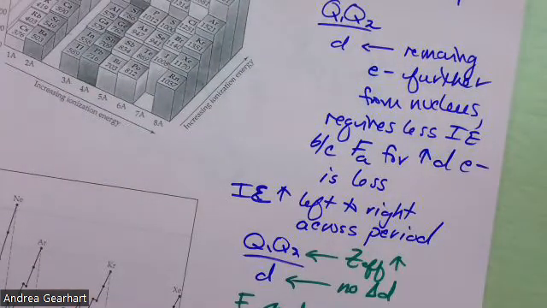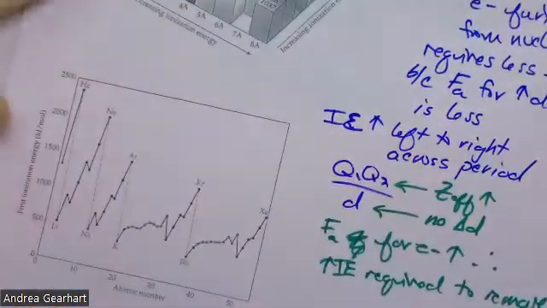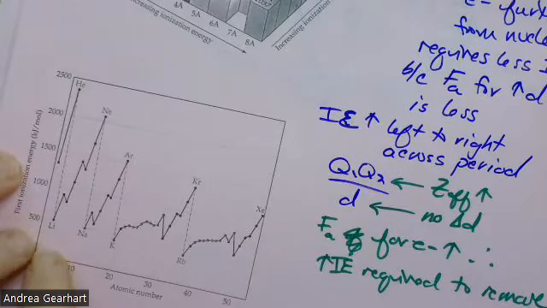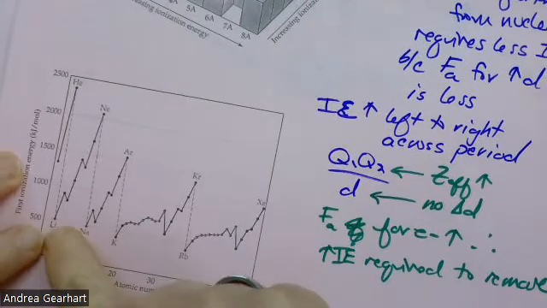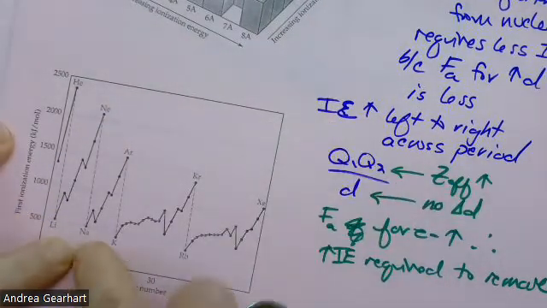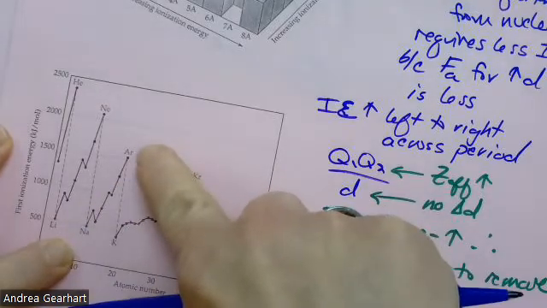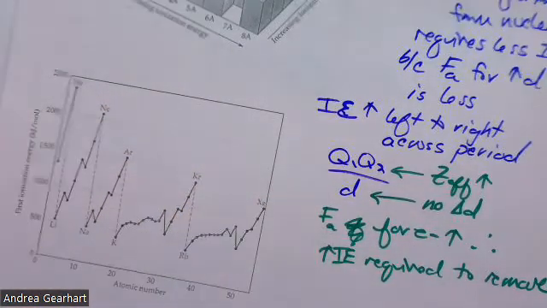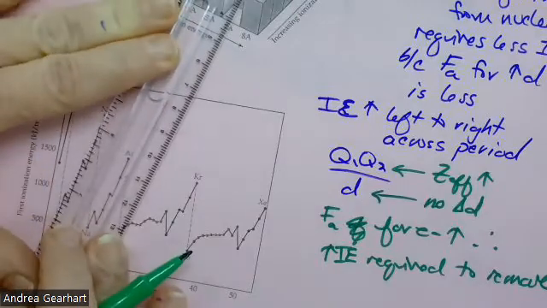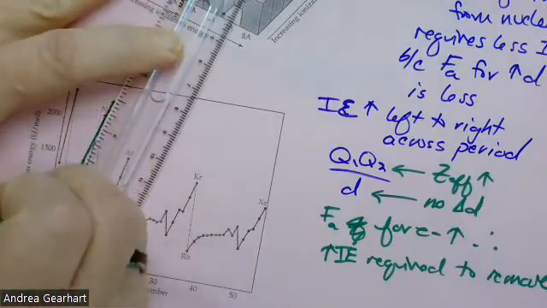Whenever we talk about trends, we're talking about generalities. From lithium to neon, that's across a period. Sodium to argon, across the period. And we know across the period that ionization energy is increasing.